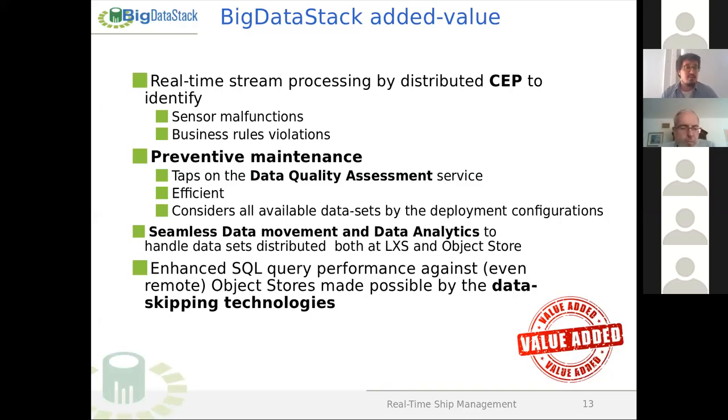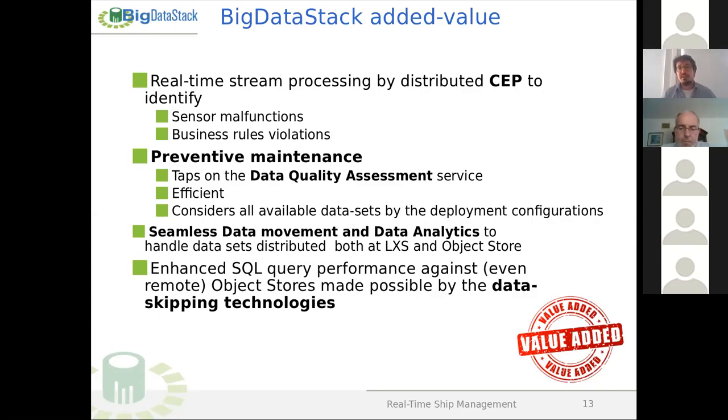As far as any IT person can understand, all components of the infrastructure provided by BigDataStack are utilized. However, I would like to highlight four components that are of major importance for this use case. Joseph will explain in detail what I do.